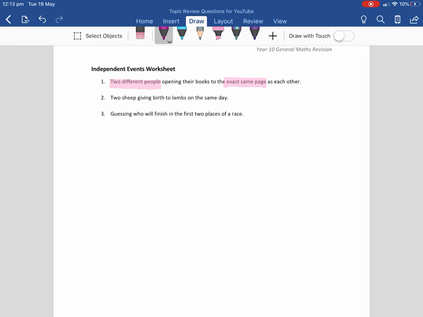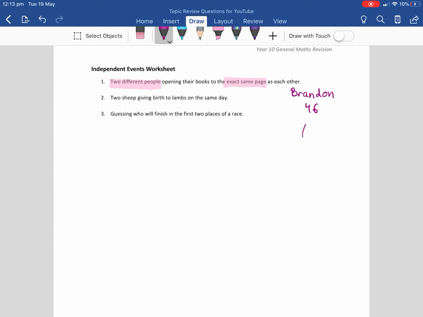With this one, we need to see if the second event depends on the first one. Let's say Brandon opens his book up and it lands on page 46.